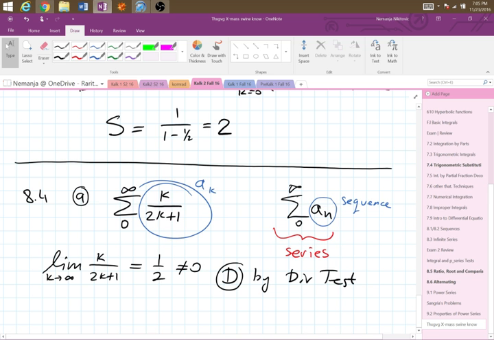Or, if I plug in infinity, I get infinity over infinity. Hey, that's L'Hopital's rule, right? So take the derivatives and you get 1/2. If the exponents are the same, then it's just the ratio of front coefficients.